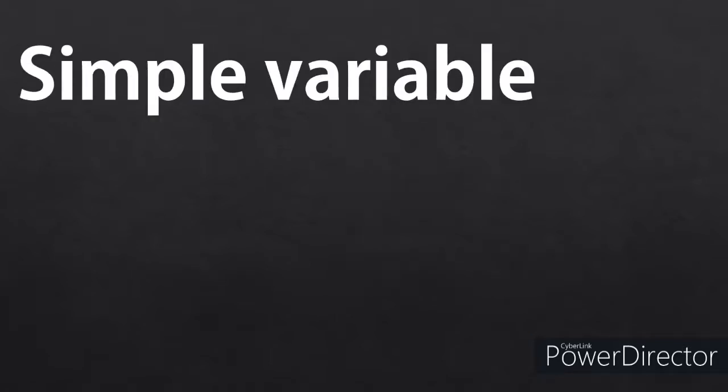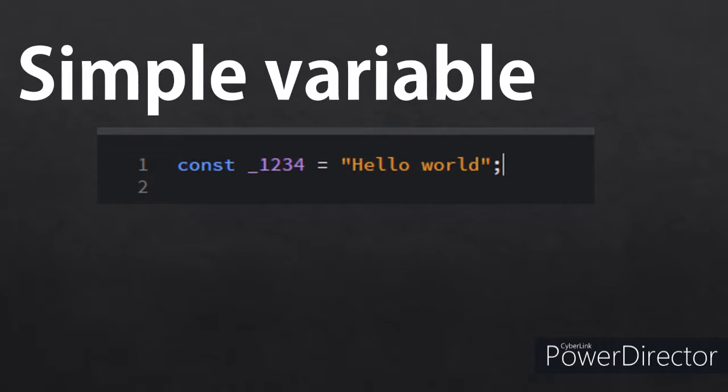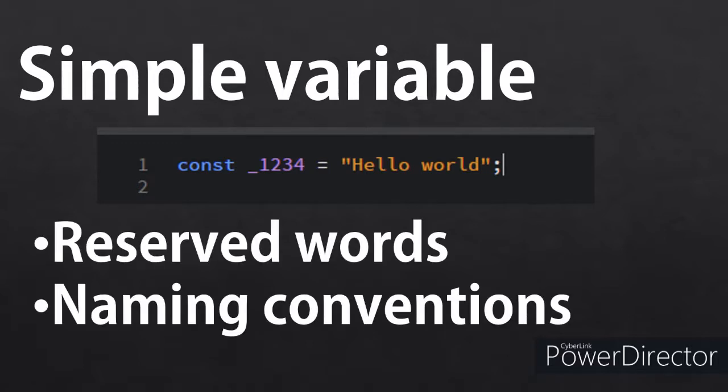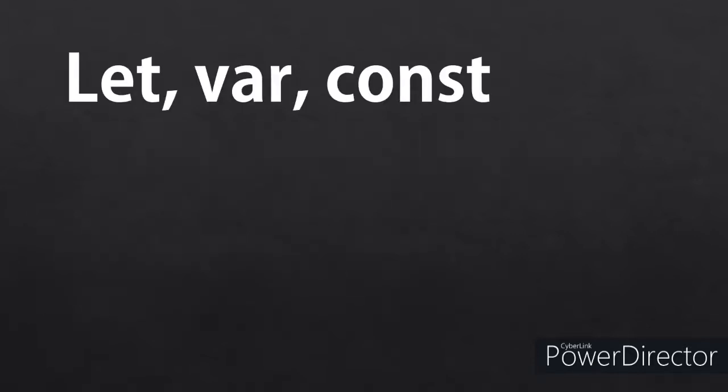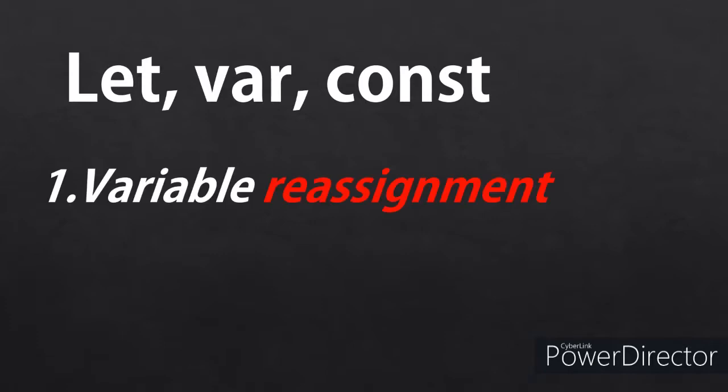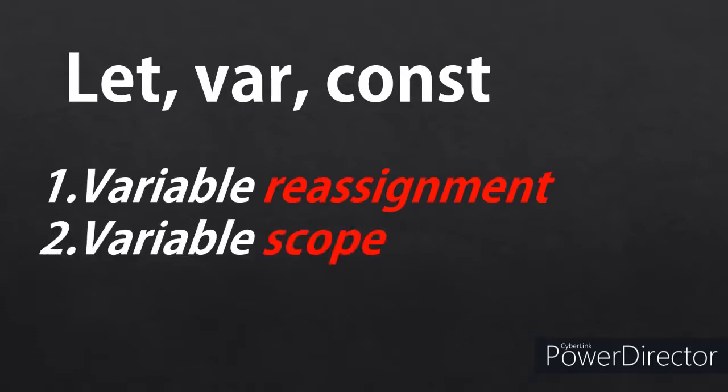So I hope you already know how to create a simple variable, things like reserved words and rules for naming variables. Now, whenever you get confused about which variable declaration to use, I want you to think about two things: variable reassignment and variable scope.